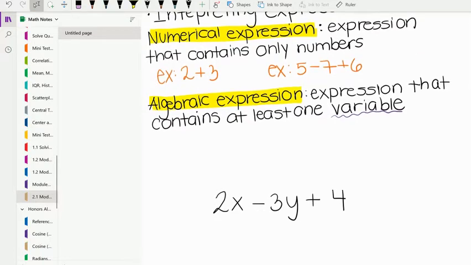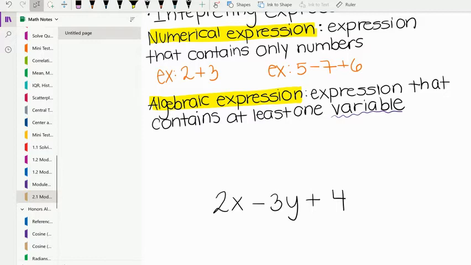The next one is an algebraic expression. An algebraic expression is an expression that contains at least one variable. Just so you remember, a variable is a letter. We typically have variables to represent something that we do not know.